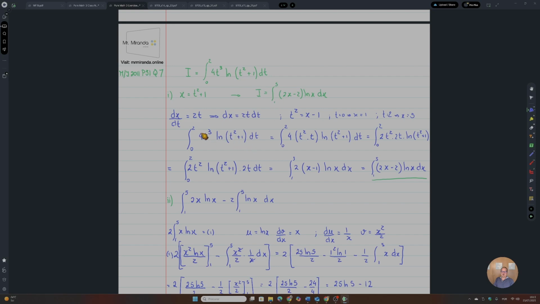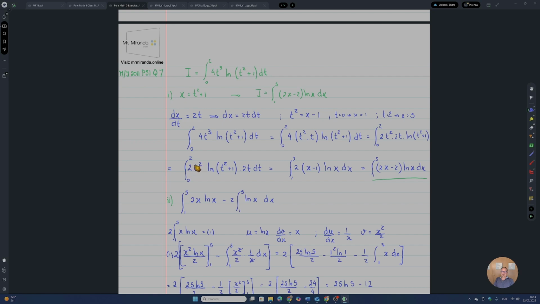I just broke down the function that you have over here into what you need, already organized nice and neatly. 4t cubed is the same as 2t squared times 2t. I put this part over here because this is that, which is your dx. This is your x.